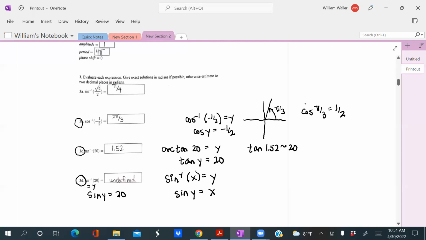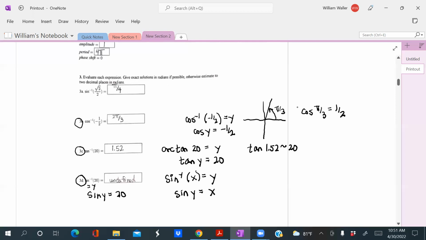So we know we're going to be looking for an angle whose reference angle is pi over 3. Pi over 3 is not the answer because the cosine of pi over 3 is positive 1/2, not negative 1/2.